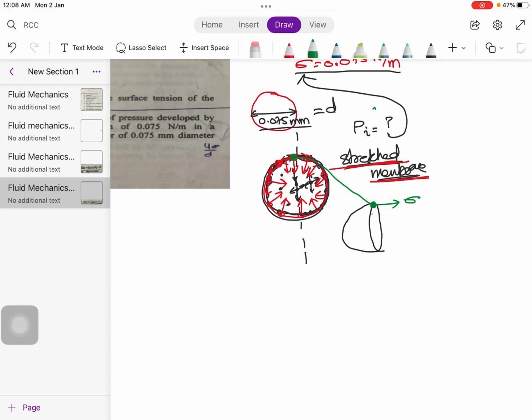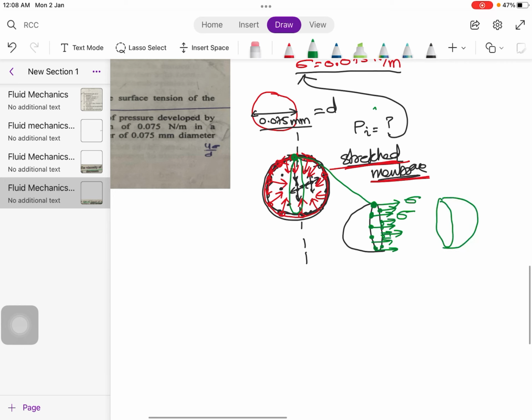Similarly, a molecule here on the surface would experience a force like this, and all other molecules within this part of the surface would experience an attractive force towards the other half of this droplet, like this.